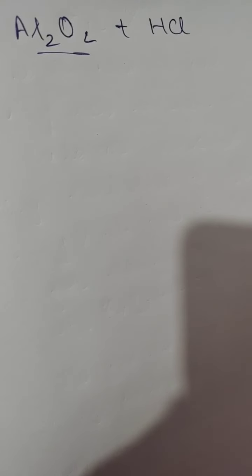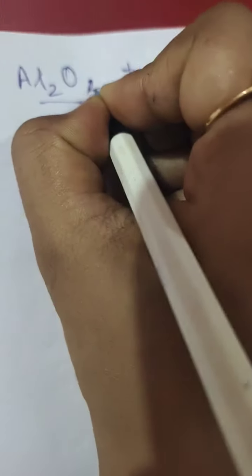When metal oxides or metal hydroxides react with acids, they produce metal salts and water. So Al2O3, when reacting with HCl or any acid, produces AlCl3 plus H2O.